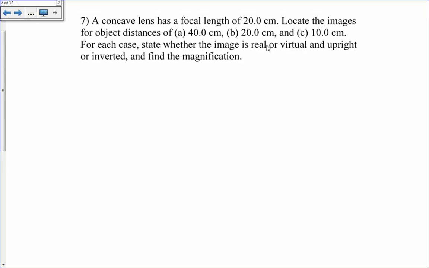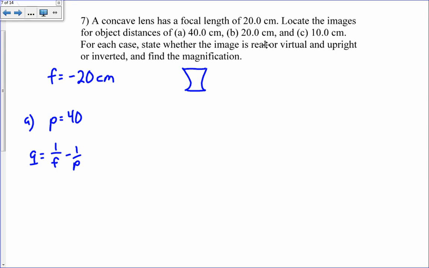Right, this is a concave lens with a focal length of 20 centimeters. Remember, concave lens, focal length is negative. This is a lens that looks like this, sort of caved in. I want to know the object distances, just like number 5, but for a concave lens. So let's first consider A, p equals 40. q then is going to be 1 over f minus 1 over p to the negative 1.